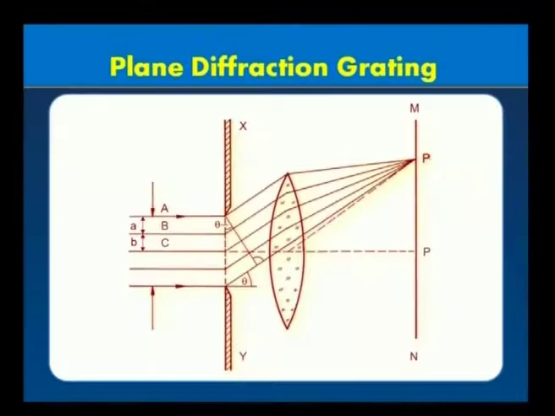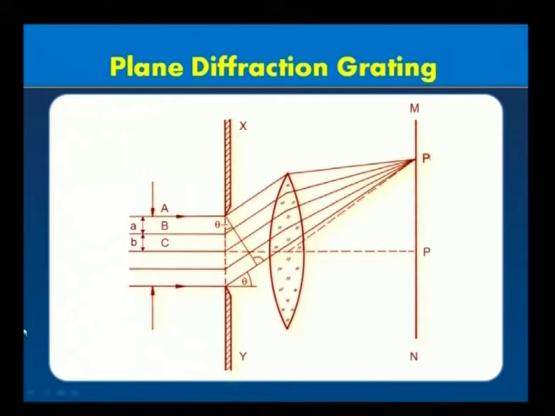Similar to the case of a prism, a diffraction grating also acts like a prism. If you have got a white light on the left hand side, the light passing through a grating will give rise to all the colors in the order of violet, blue, green, yellow, orange, finally red, the order of Vibgyor.